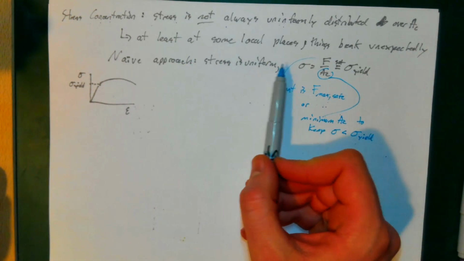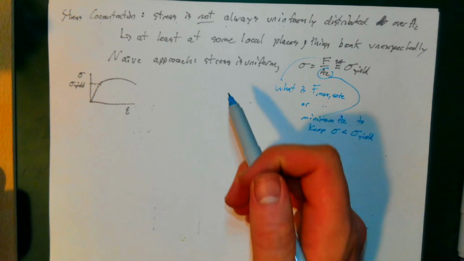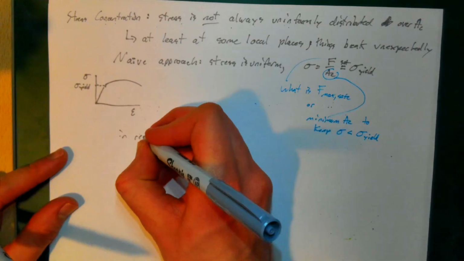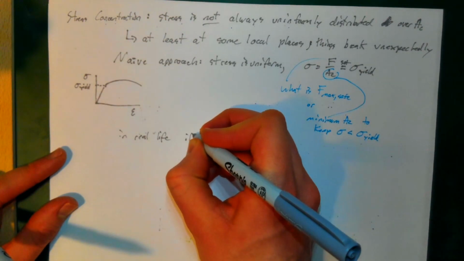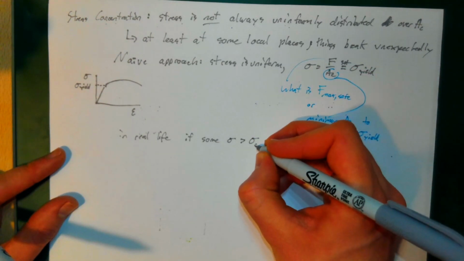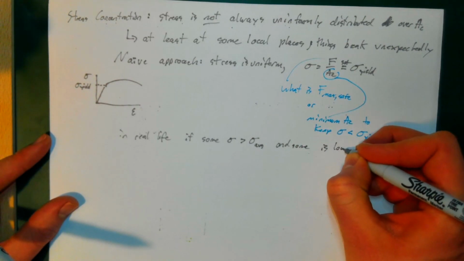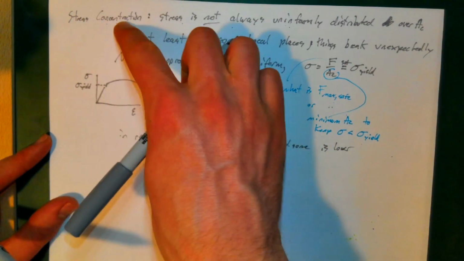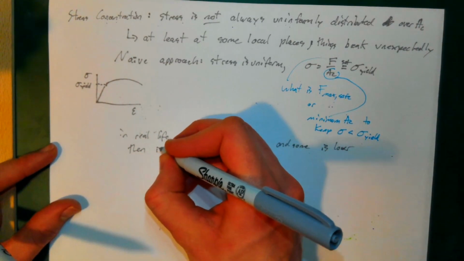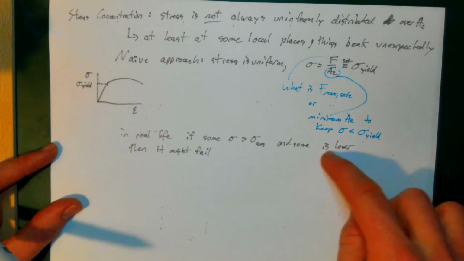But if our stress is uniform and we set our force divided by cross-sectional area precisely equal to the yield stress, in real life, if some stress is higher than the average stress and some is lower, due to non-uniformity from stress concentration, then it might fail by locally exceeding the yield stress.